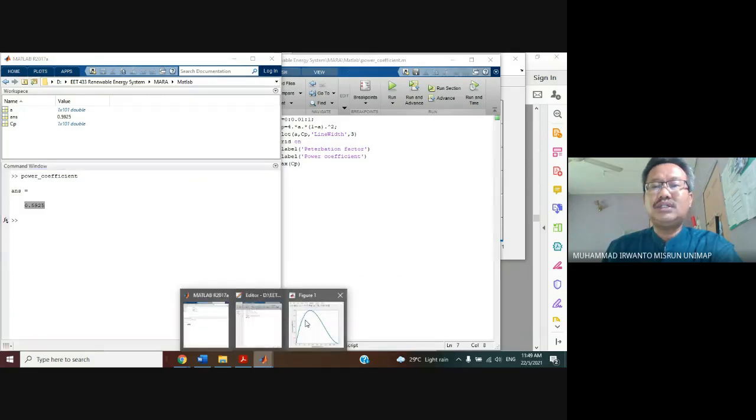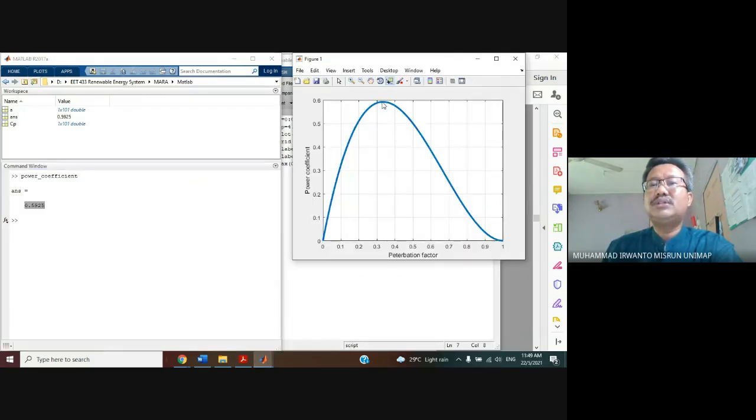By using this one we obtain the same 0.5925, which means the maximum power coefficient of 0.5925 is obtained when the perturbation factor A is 0.33.